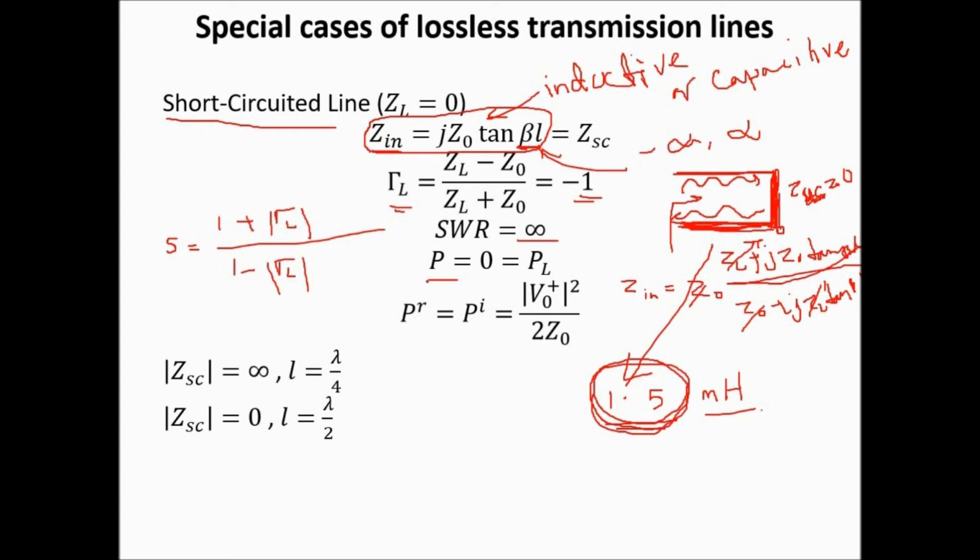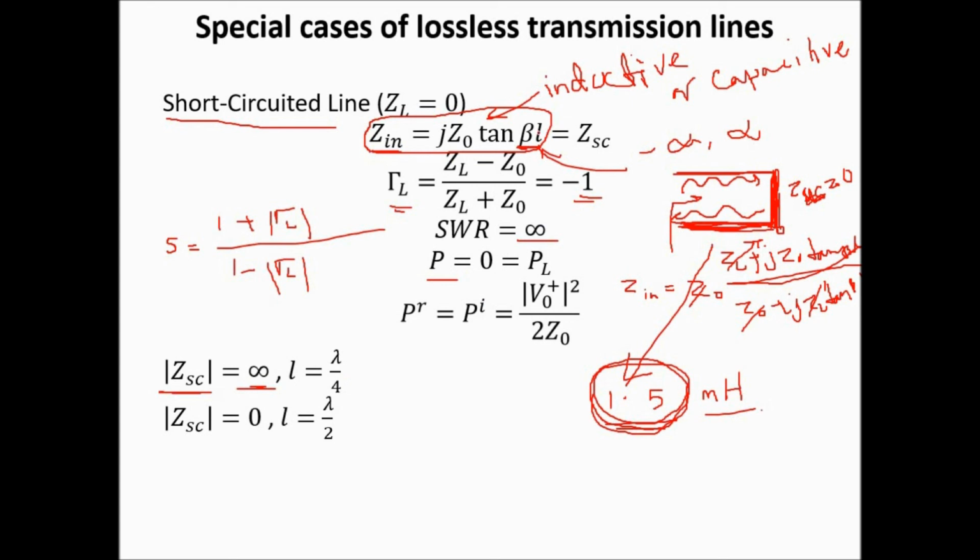And now the power loss will be 0 because it is short circuit. ZL equal to 0, so power loss will be 0. That means the reflected power and incident power will be equal. Now ZSC, the short circuit impedance, will be infinity. You can find an infinite value for ZSC if you put L equal to lambda over 4.